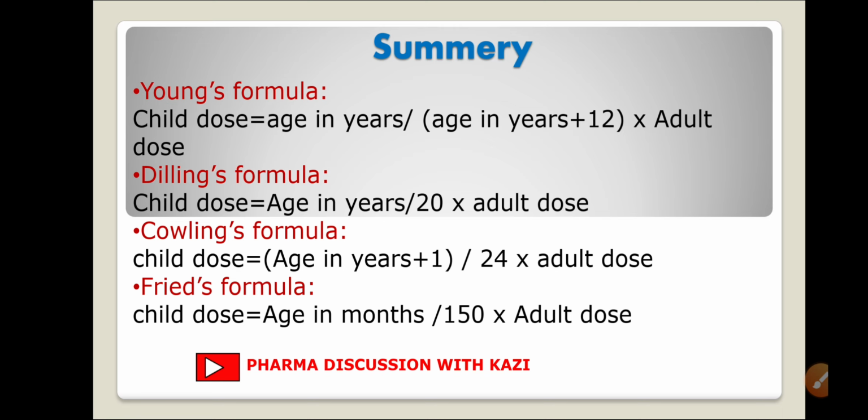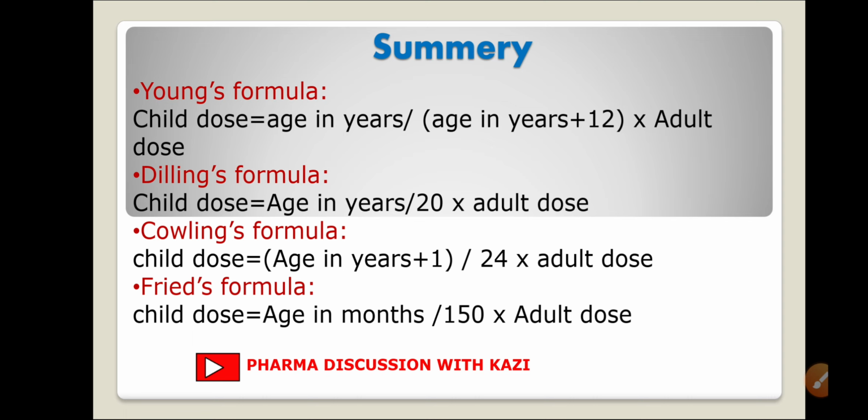This is a summary of a few formulas which are required to calculate the child dose. According to Young's formula, child dose equals age in years divided by age in years plus 12 into adult dose. Dilling's formula states that child dose equals age in years divided by 20 into adult dose.